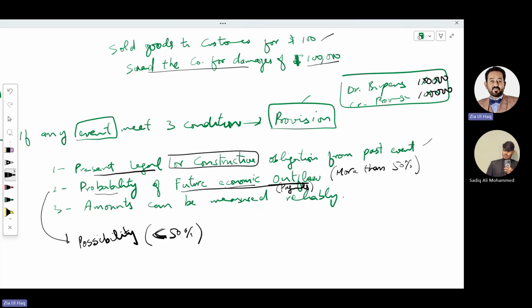And how much the company needs to pay in future, the amount is also calculated. If there is no obligation, there will be no provision. Or if there are chances less than 50%, meaning not probability but possibility, there will be no provision. And if the amount is not known, there will be no provision because we need to record the accounting entry with the amount. If the amount is not known, how can we record the accounting entry? We cannot record the accounting entry. Is that fine? Can you understand this?